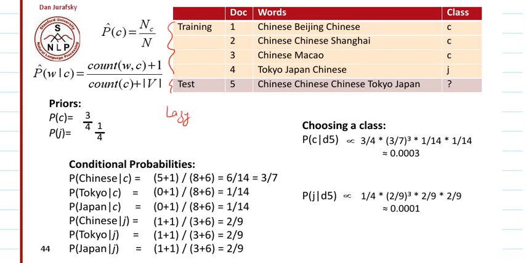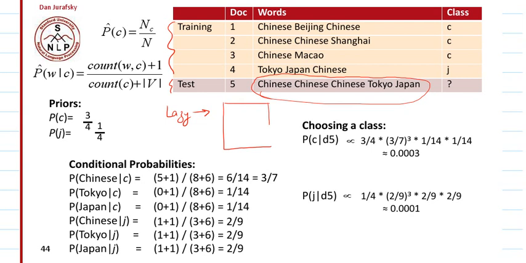Lazy classifier means that there is no kind of training, but all the parameters are calculated during the testing time. So when we have this test document, we will calculate the parameters of the model on the basis of this test document.